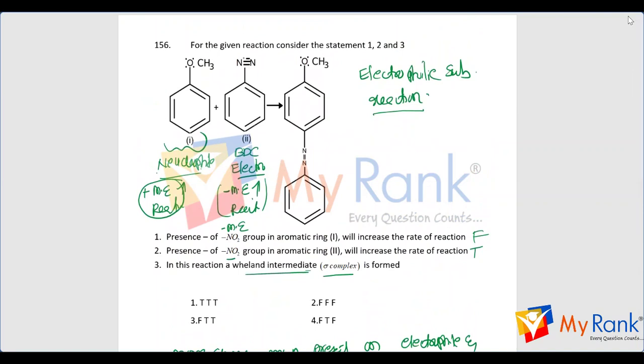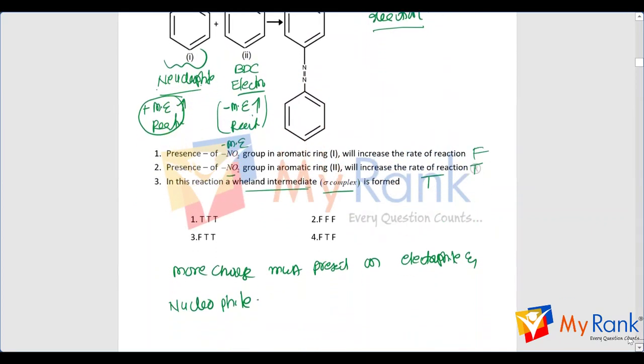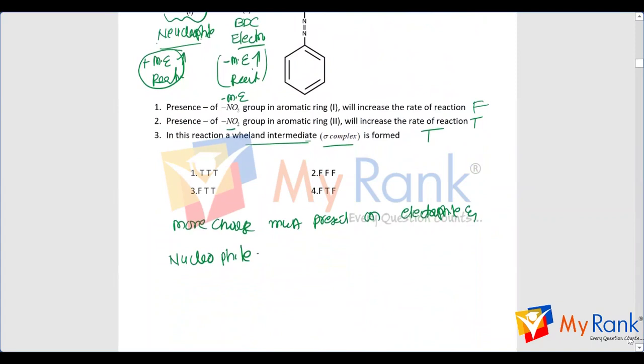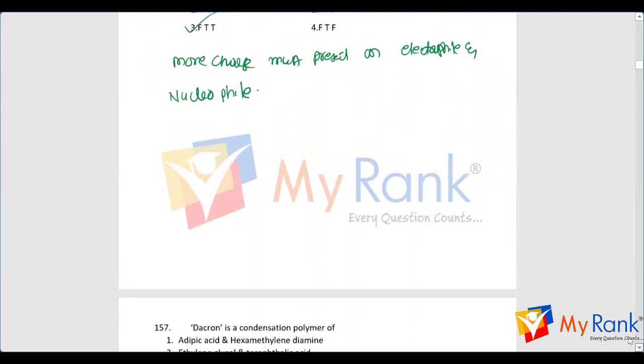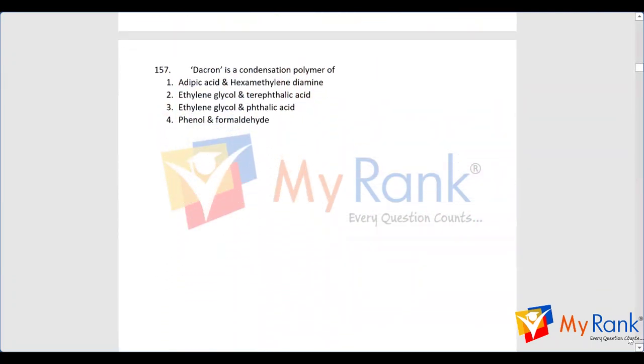This statement is also true. The first is false, the second true, the third true. So the correct answer is false, true, true. The third option is the correct option. This is an important question.